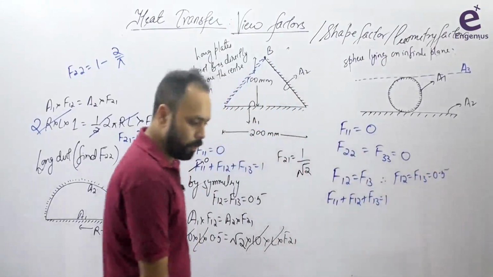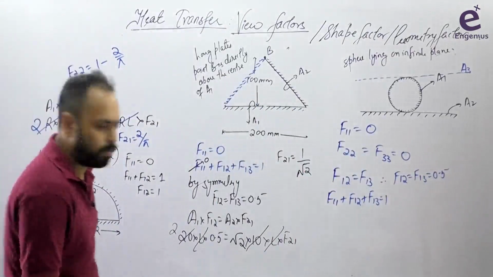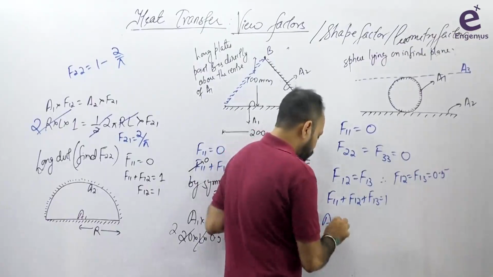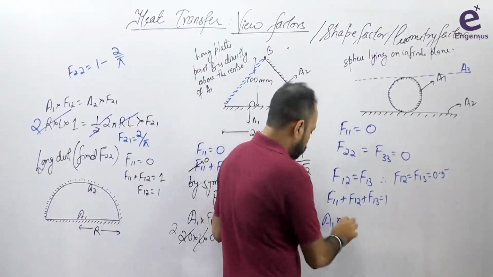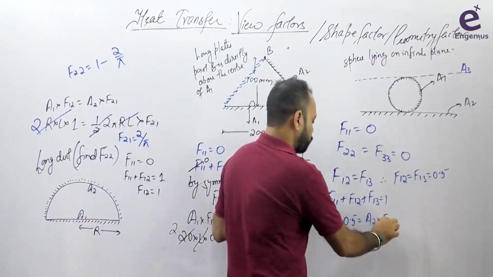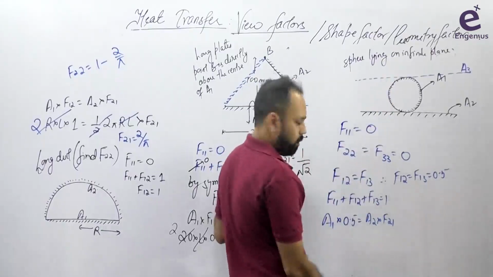Right? What about F21? Reciprocity relation. No other relation is remaining. So, A1. What is A1? Infinite. Okay. A1 into F12. What is F12? 0.5 is equal to A2 into F21. Correct. So, A1 is, you can take some area, right? Not a problem.